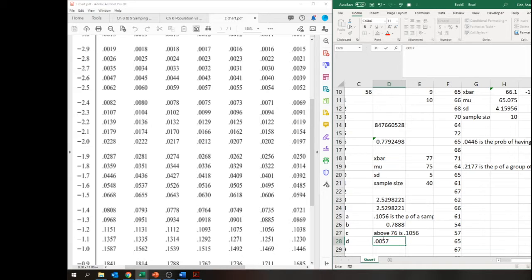And then between 76 and 77 is going to be equals 0.1056 minus 0.0057, okay, which is 0.0999 repeating, okay? So negative 1.26.